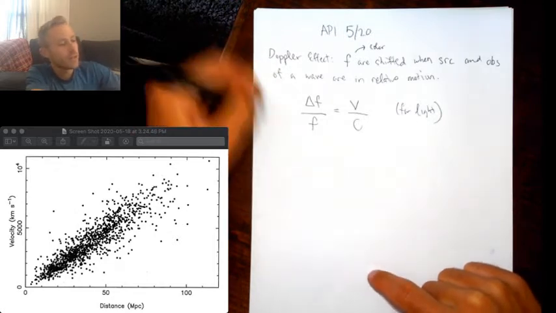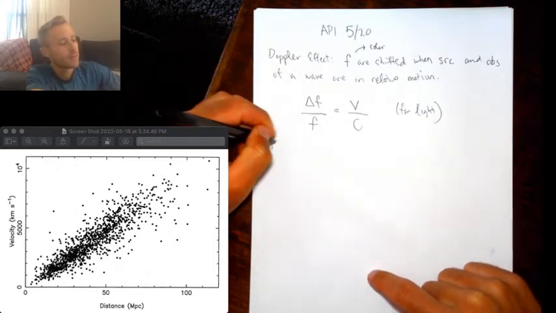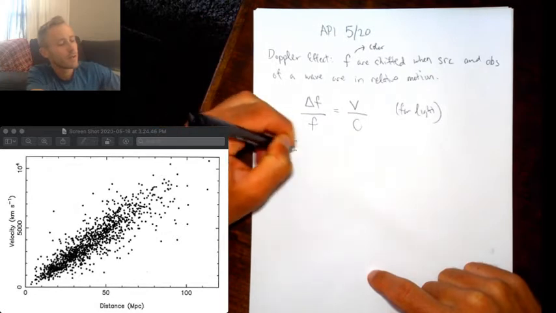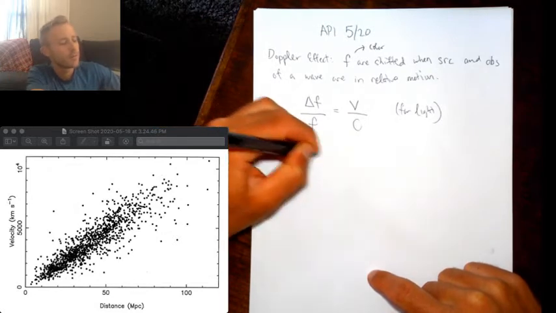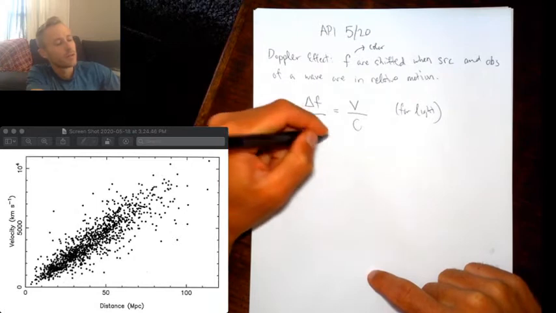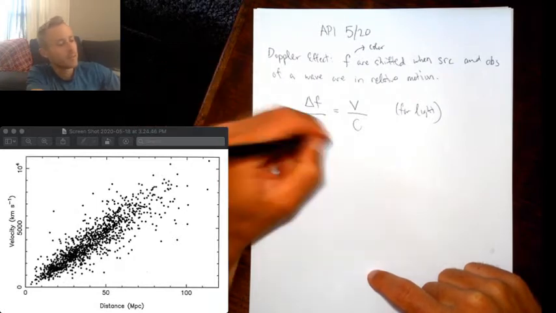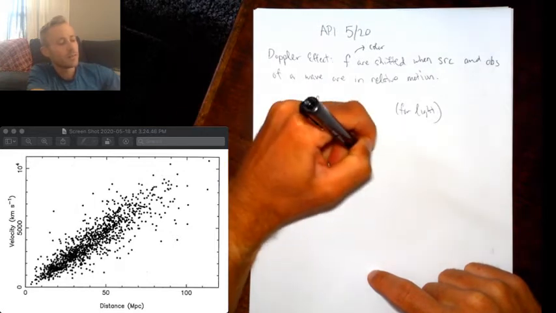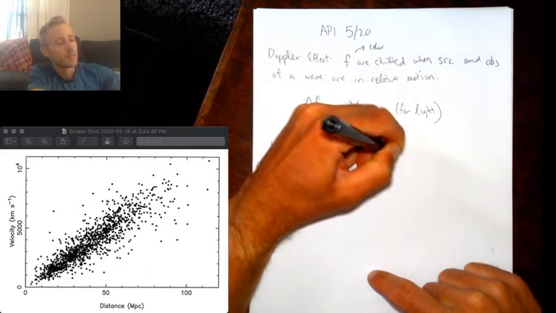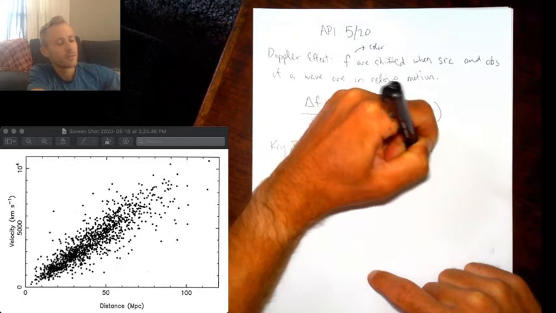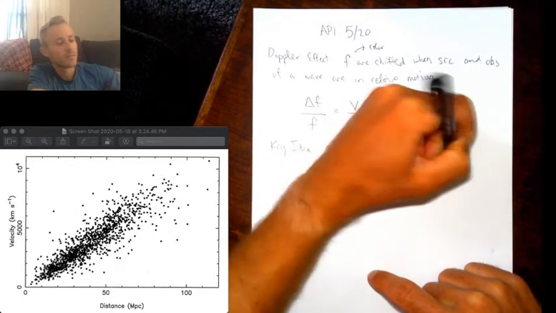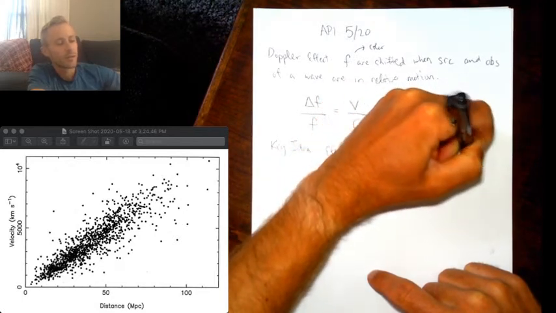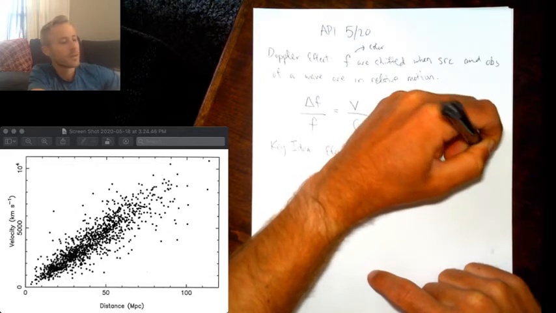Now here's a key idea. Certain elements all emit certain frequencies, which are, remember, colors of light.